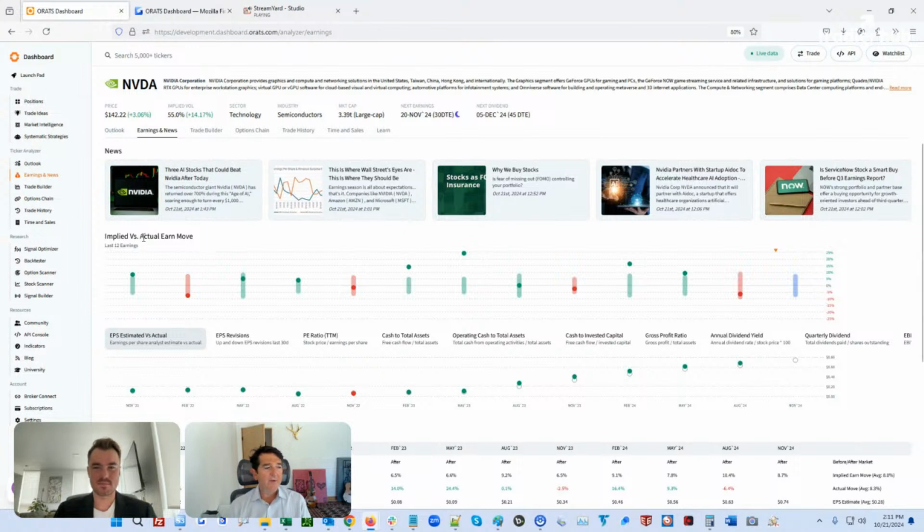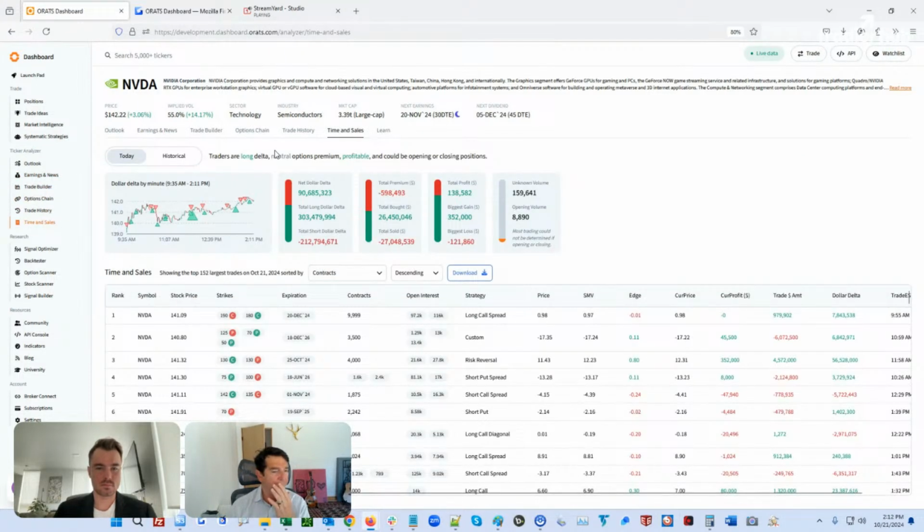Definitely. What we could look at now is the time and sales. I like to see what is going on out there in the market. We look at all these trades, and for example, this is a big call spread that was long delta.